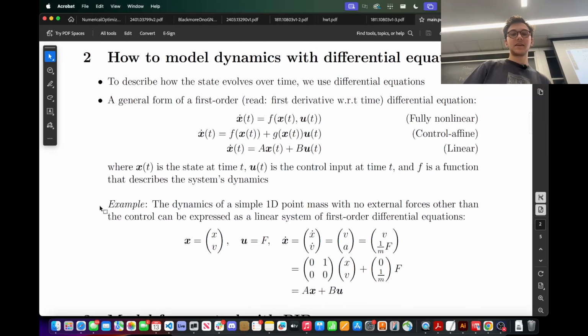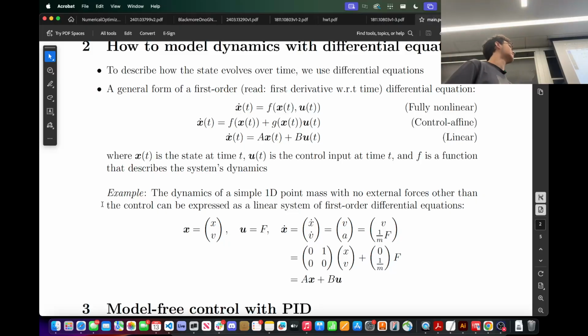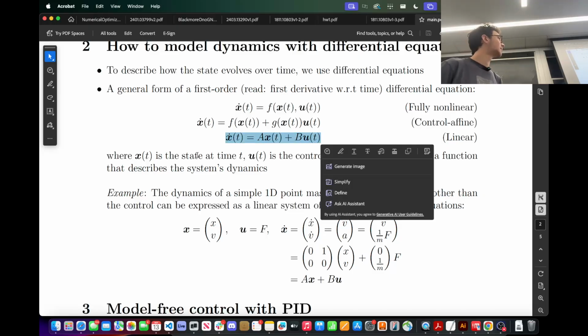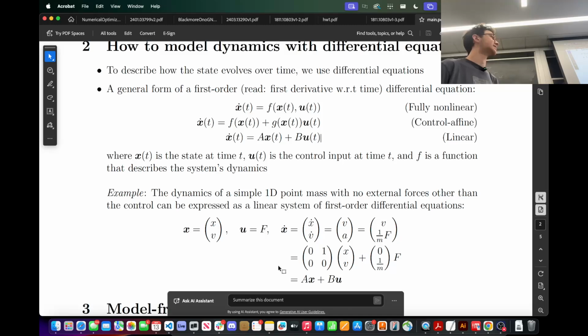So yeah, going back to the point mass example, most basic thing, we can rewrite it in this first order ODE type way by doing what I basically said earlier, which is you stack position and velocity into one vector quantity. So x is the position, v is the velocity. Take their time derivatives, and then I can write it in this linear form by writing the matrices like this, right?